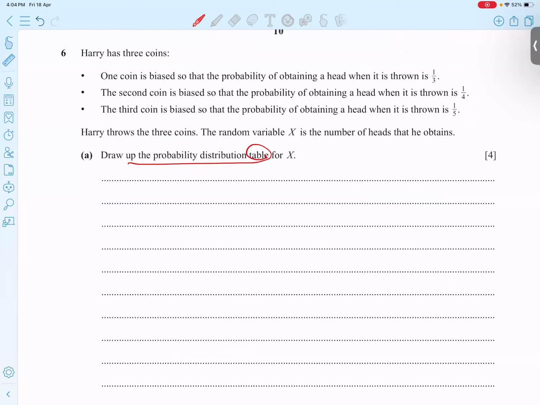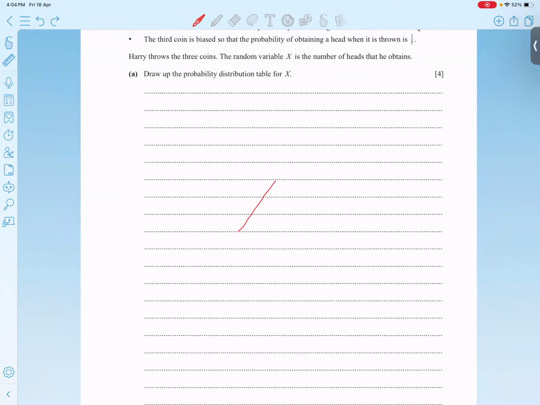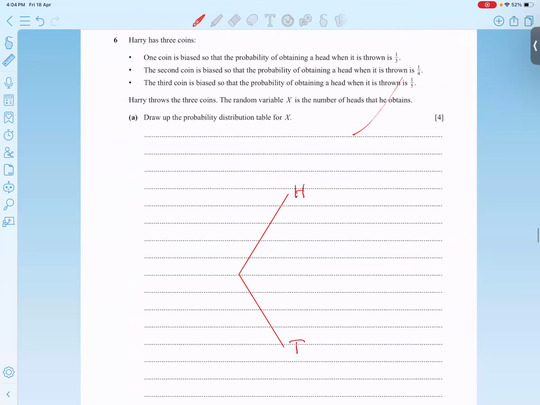And we have to make a probability distribution table. As a teacher, I suggest you first make a branch diagram with head and tail, because we talk about head and tail. This is the first, and we get a 1/3 head chance and 2/3 tail. Second option, head or tail, the head chance is 1/4, and tail turns out to be 3/4.